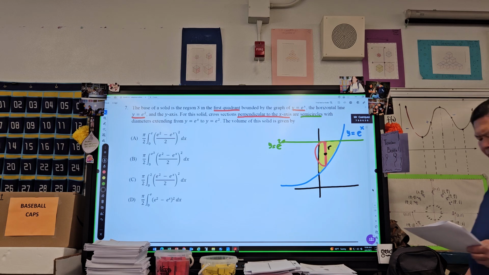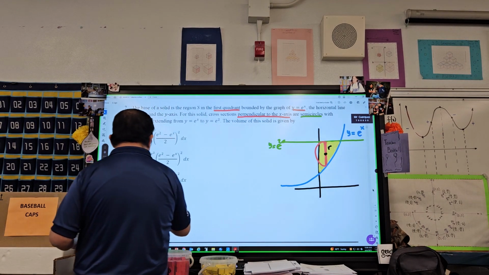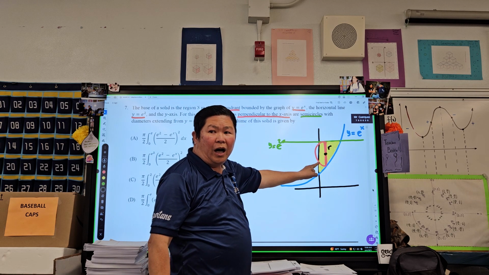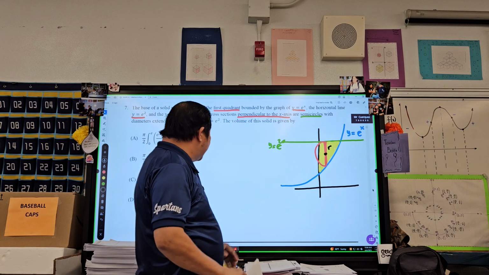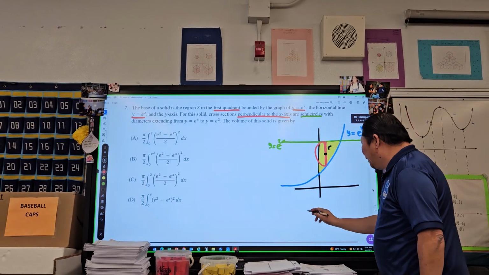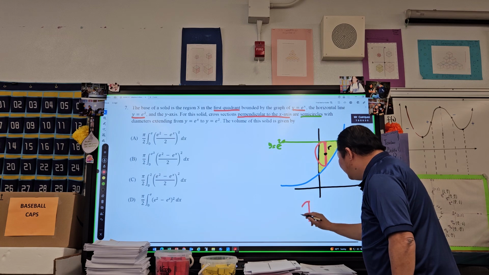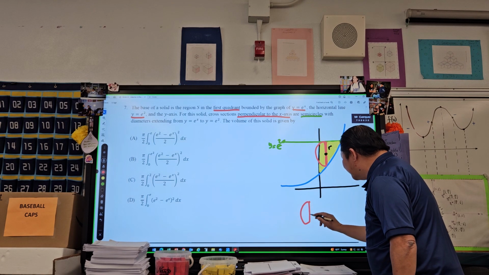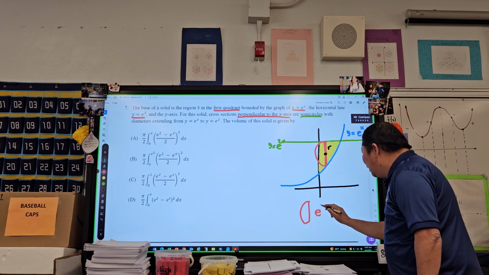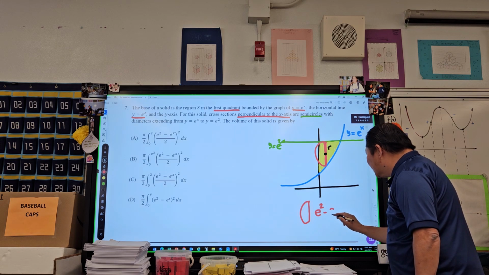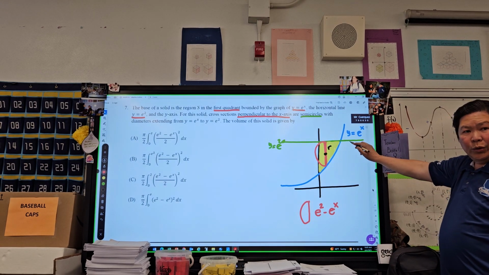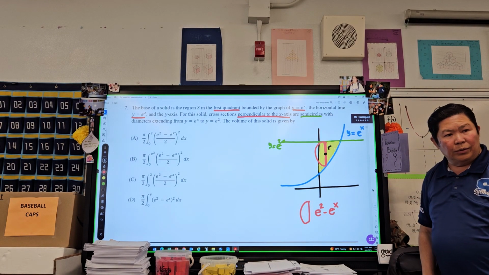So therefore, we say that the entire red color right here, not the r, but the entire red color, this red color, I'm gonna draw it here, that this portion is coming from e squared minus e to the power of x. The green minus the blue.